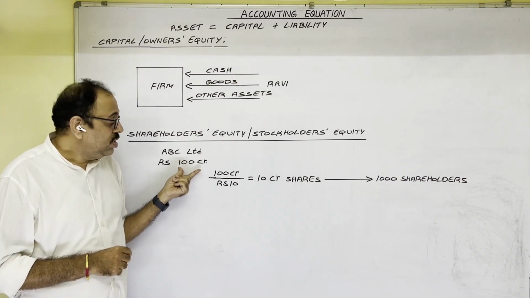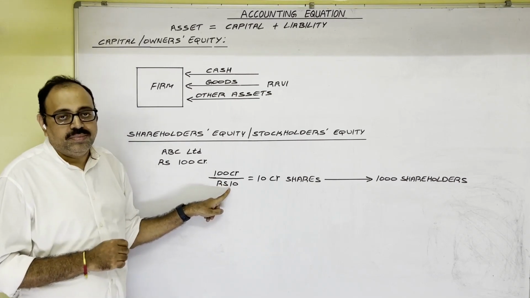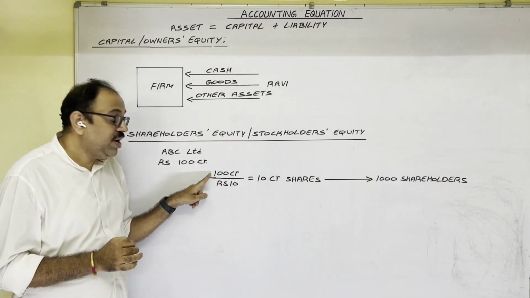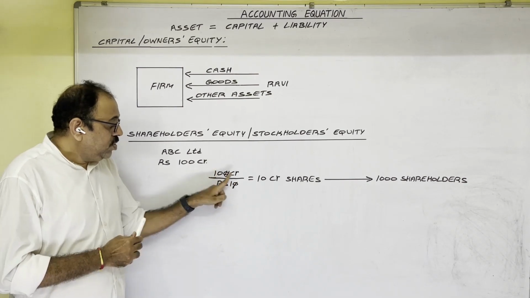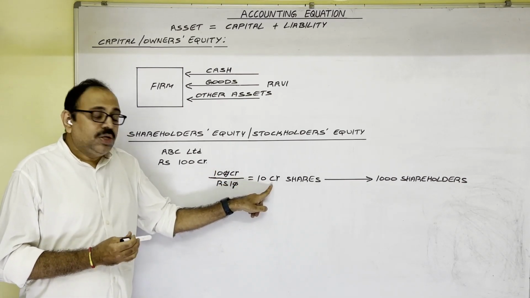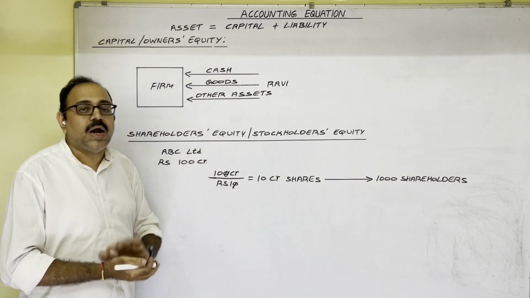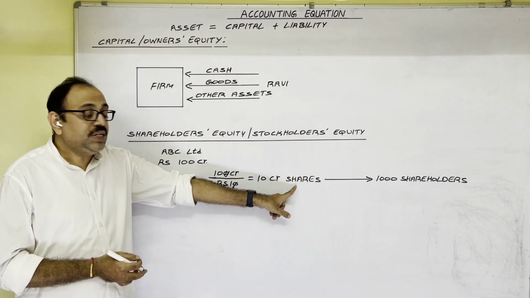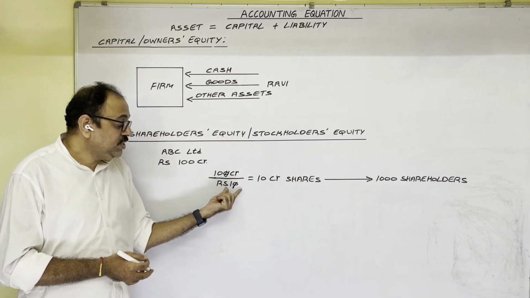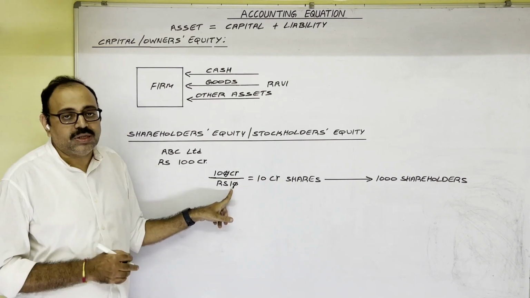So what do they do? That required capital, they divide by one number. Say by 10 rupees, they are dividing this required capital. So the total required capital is divided into 10 crore parts. Each part is known as one share. One share price is how much? As we are dividing by 10, one share price is 10 rupees.